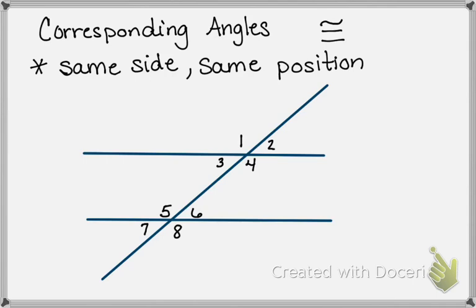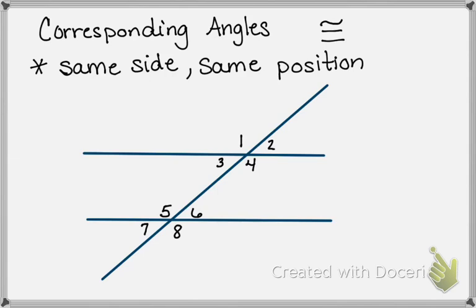The first type of angle we're going to talk about that occurs when we cut parallel lines with the transversal are corresponding angles. Corresponding angles are congruent, meaning they have the same value. Corresponding angles are on the same side in the same position. So we're going to start with some very basic ones.